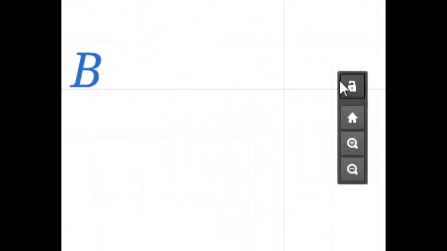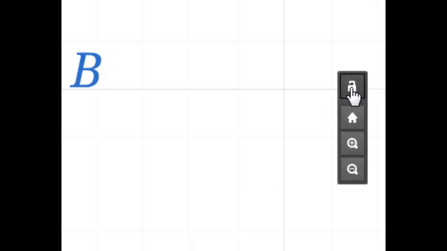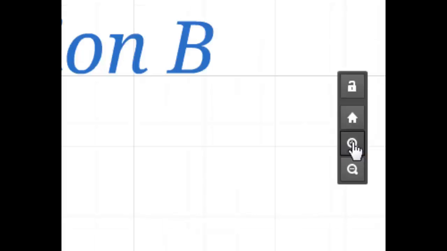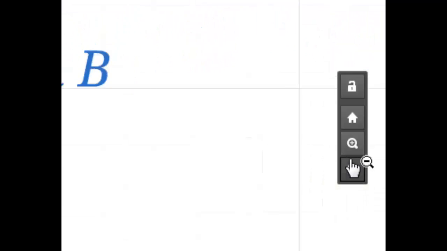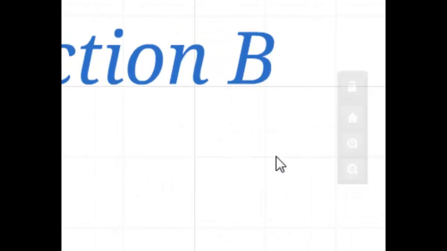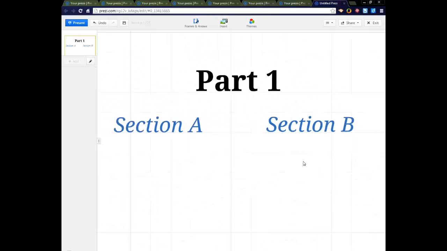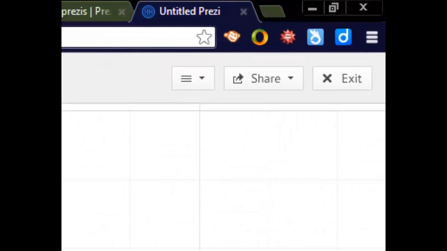The top icon locks the screens and prevents unintentional screen movement, so you can click that on and off. The plus and minus magnifying glass icons will make the screen larger or smaller, or zoom in and zoom out, so that you can position your information however you want it in the Z-axis as you move in and out of the screen.